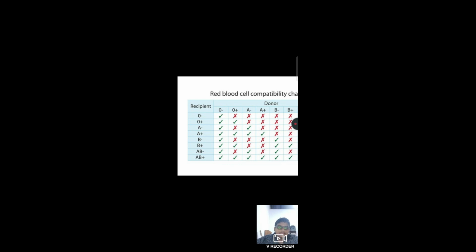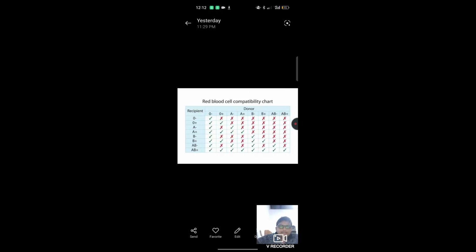That's why the O negative donor's blood has no A or B protein and no rhesus factor. So no new protein is going to the recipient's blood. This O negative blood group is known as the universal donor. That means he can give blood to any recipient, any blood group.